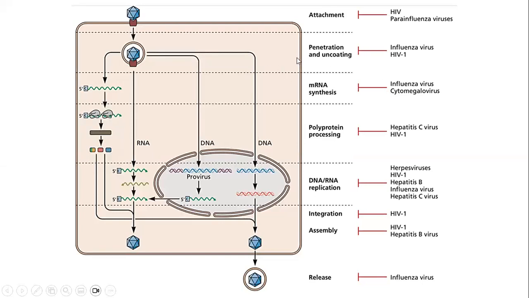But like I said earlier, it's important that those steps only affect the virus and not the human. In the case of the influenza one, impeding the virus from leaving does not affect the host cell. It only affects the virus because it's the one that is attached to the sialic acid.